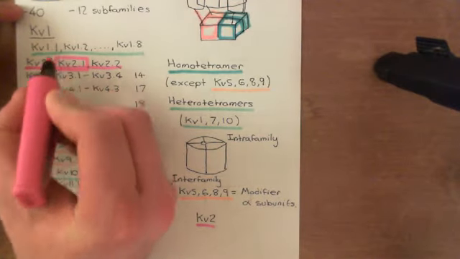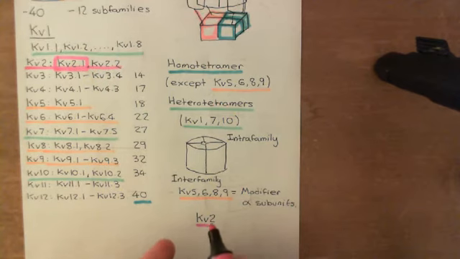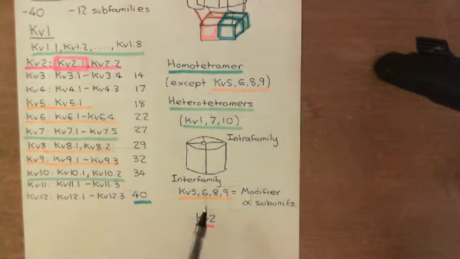Kv2.1 is the one which can build voltage-gated potassium channels where you have some of these modifier subunits in. So these have to form heterotetramers. They can't form homotetramers.